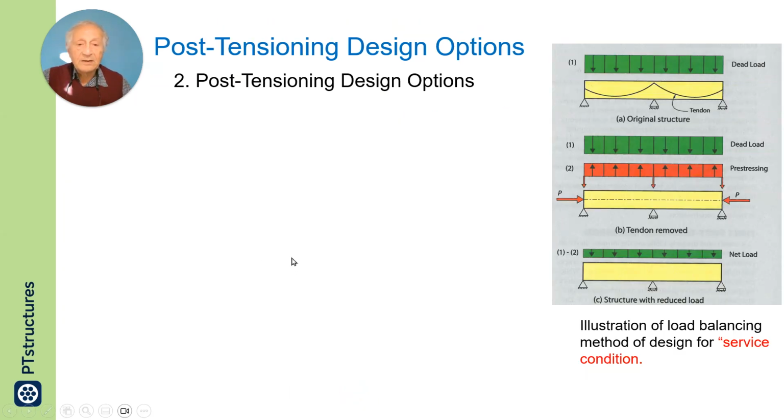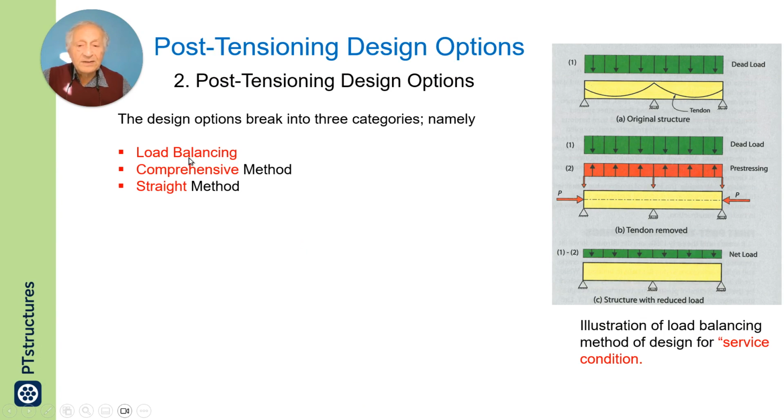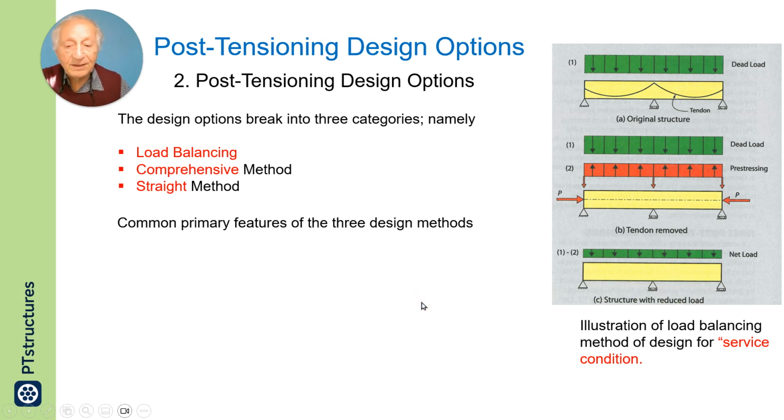Now, these are the three methods. Here I am showing in the image the basics of load balancing, where the post-tensioning tendon is extracted and the forces it applies is then applied to the member.